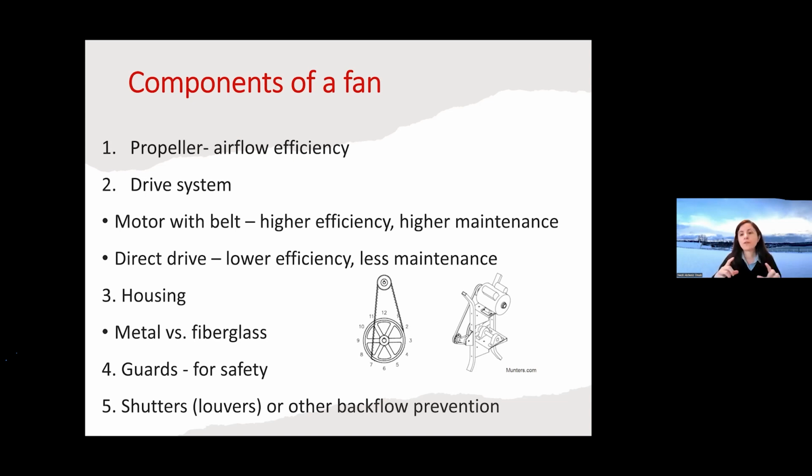So the housing of the fan should be something durable. Guards are important for safety. Most of the ventilation fans I have seen so far all had guards. And shutters are also very important. If we don't have a backflow prevention system on a cold day like this, we might be blowing cold air inside the barns, even if the fan is not on.